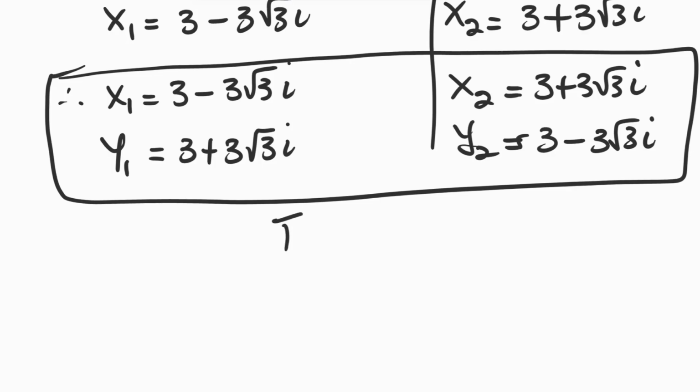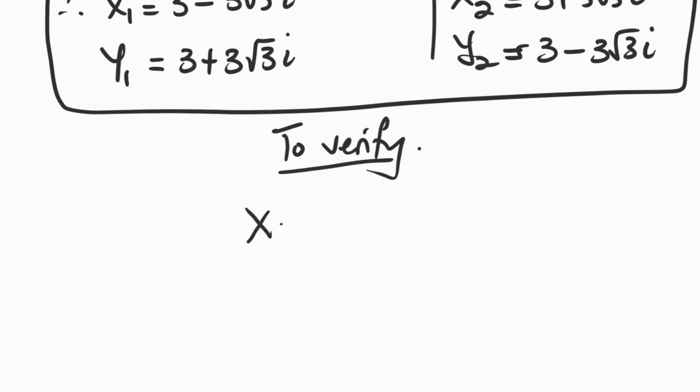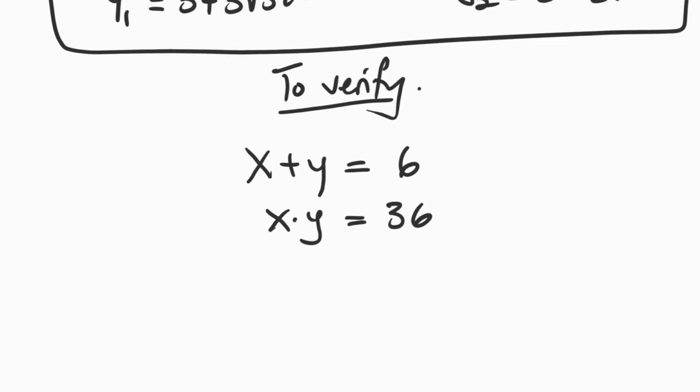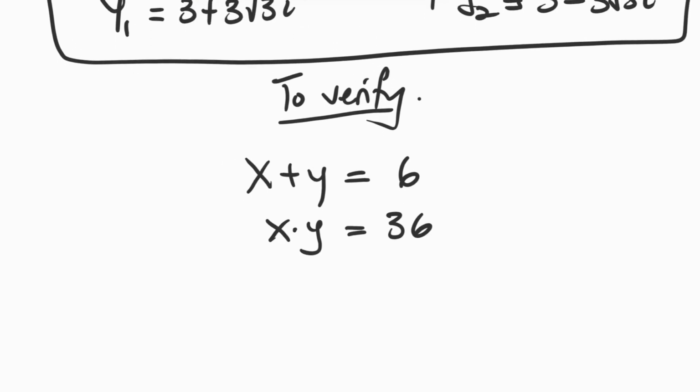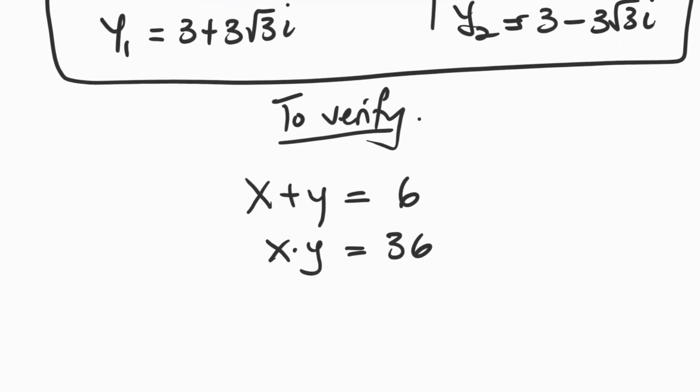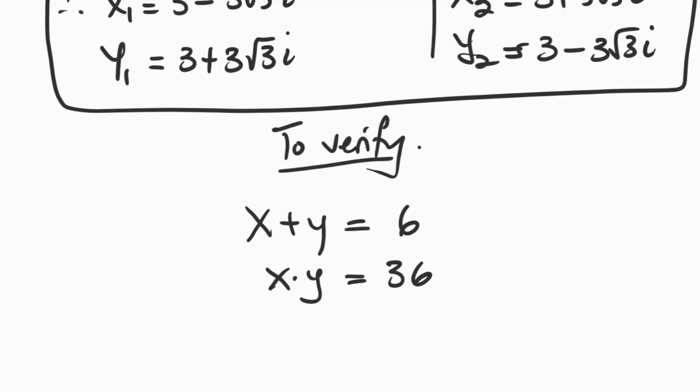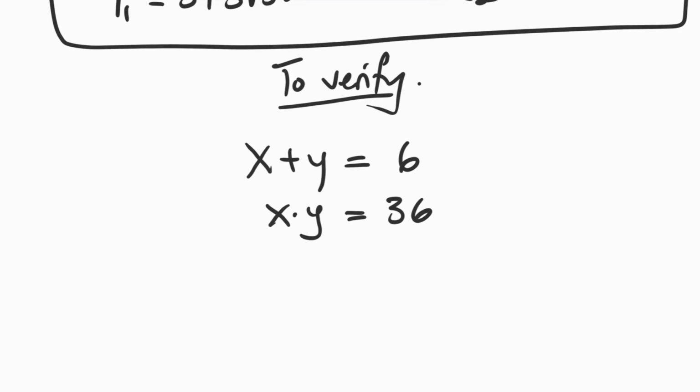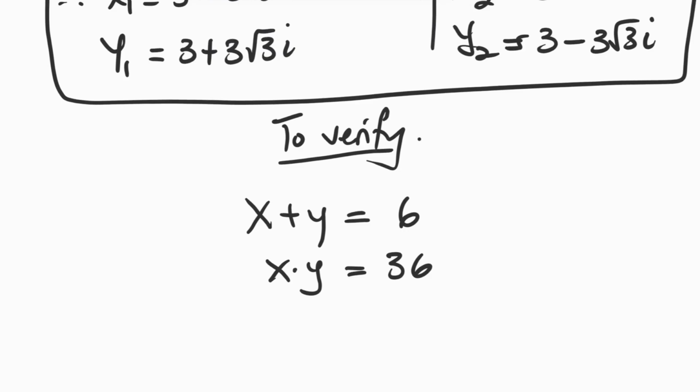So now let us verify just to make sure that our answers are correct. So we have our equation 1 and 2. Equation 1 is x plus y equals 6, and equation 2 is x times y equals 36. So let us see if the left hand side of our equations are going to be equal to the right hand sides. Okay, so now let us try x2, y2 for both equations.